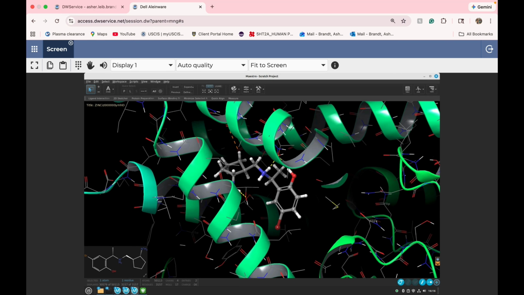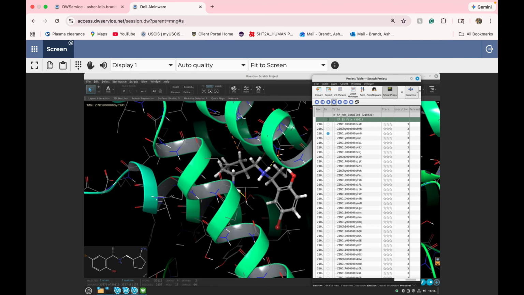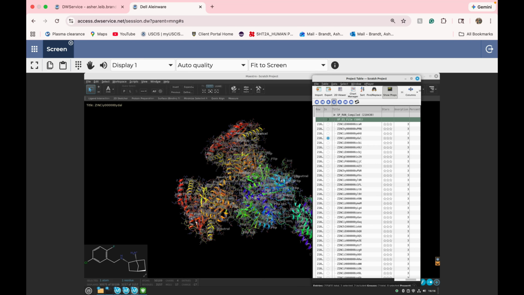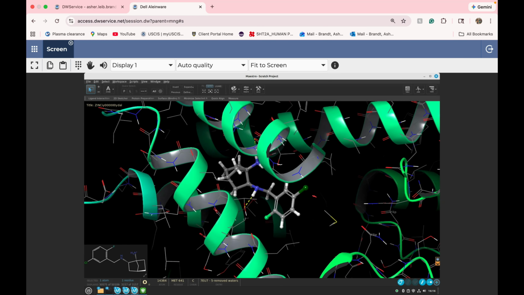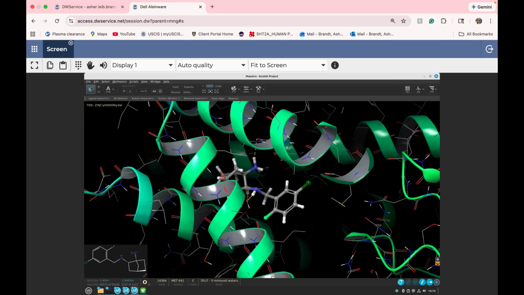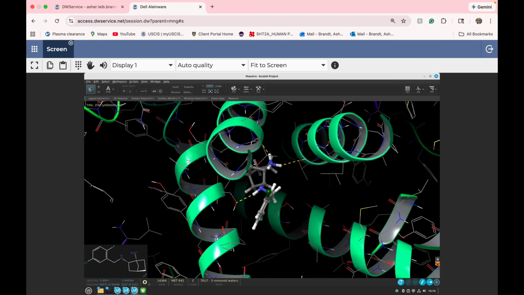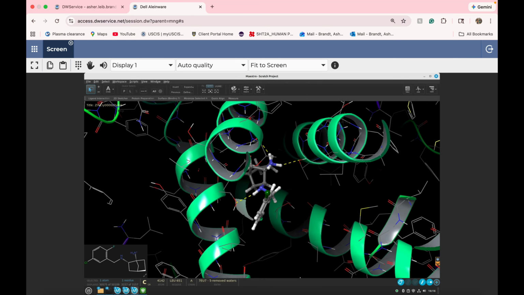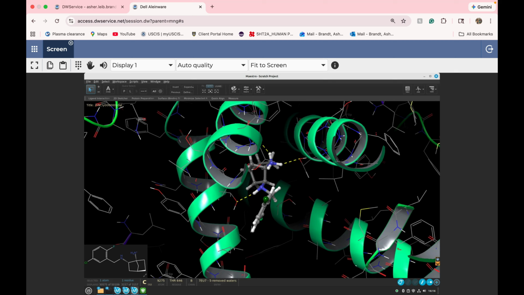Same hydrogen bonds as we saw before. Same situation, notice the same hydrogen bonds, the threonine 646.